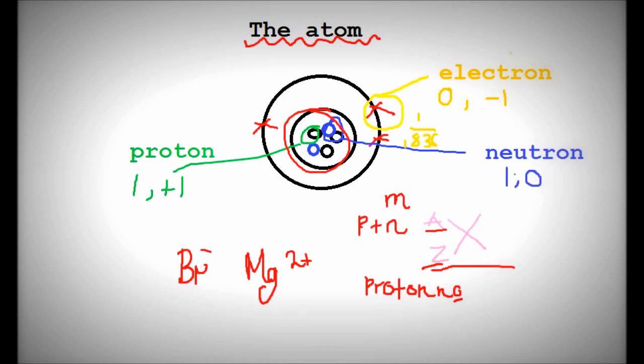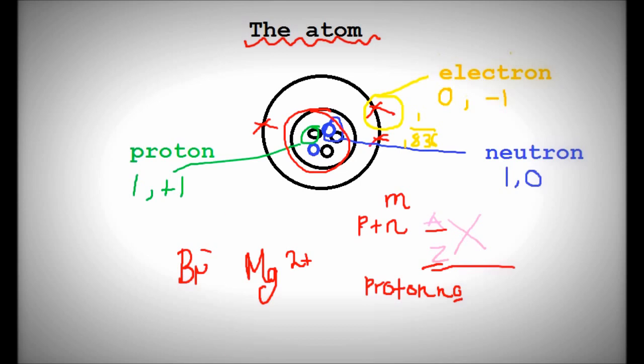So if it was Mg, it couldn't have any other number of protons other than the number of protons that Mg has. Otherwise it wouldn't be Mg. You need to learn that because, while it's not a massive thing in chemistry, it's something that you should just know as general knowledge.